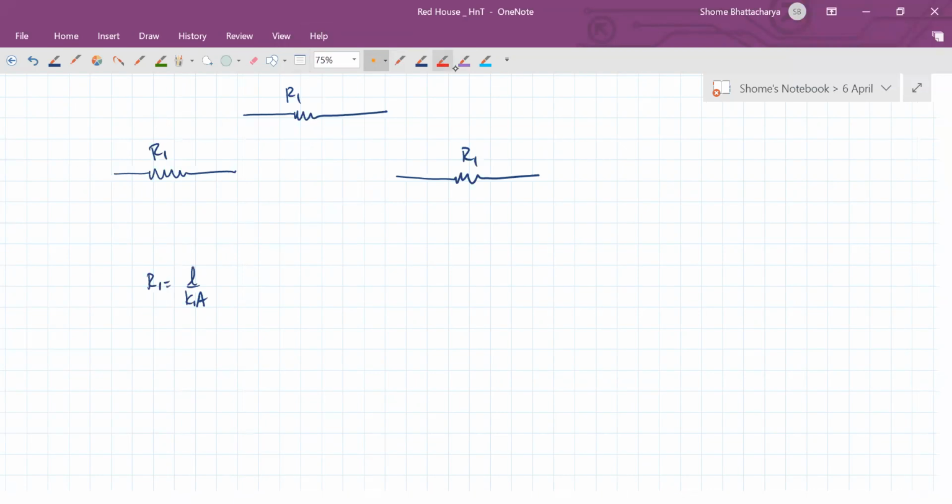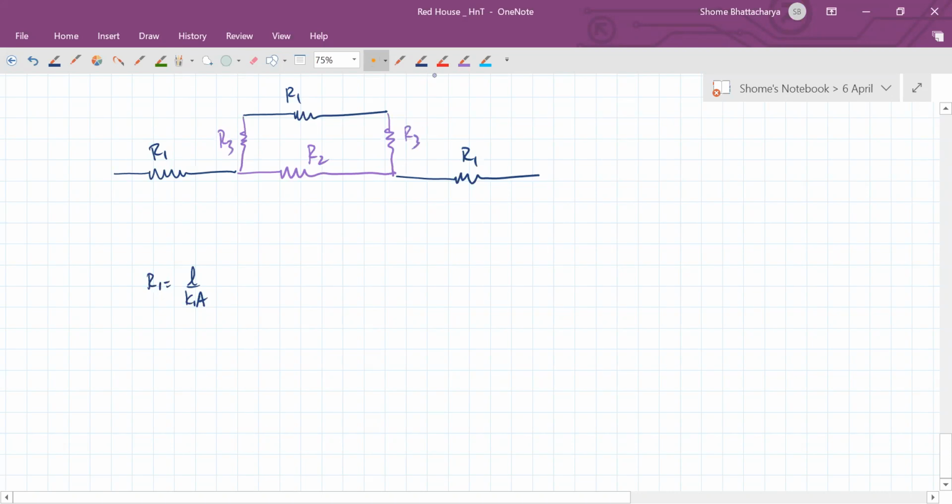Okay. Then one of this resistor. 2 of these resistors. Okay.